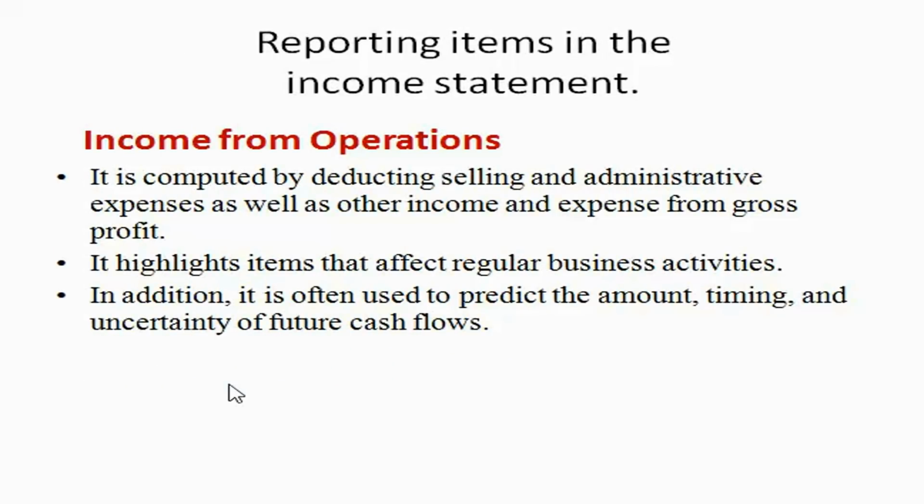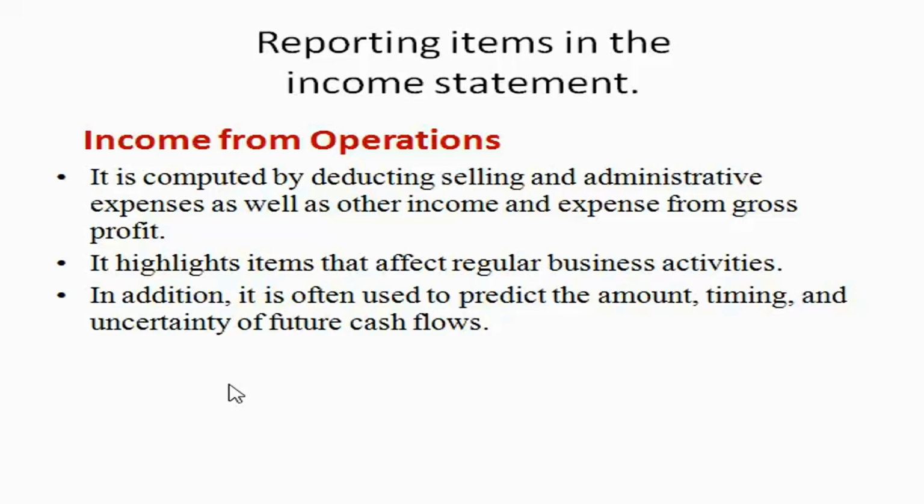Then income from operations. Income from operations is computed by deducting selling and administrative expenses as well as other income and expense from gross profits. It highlights items that affect regular business activities. In addition, it is often used to predict the amount, timing, and uncertainty of future cash flows.